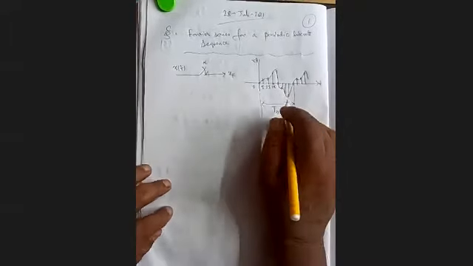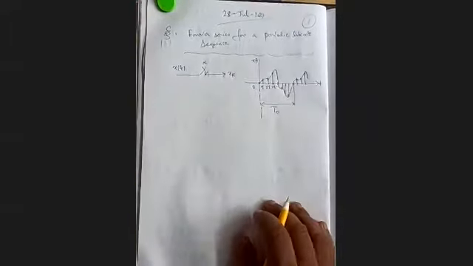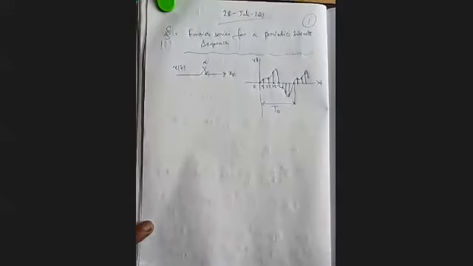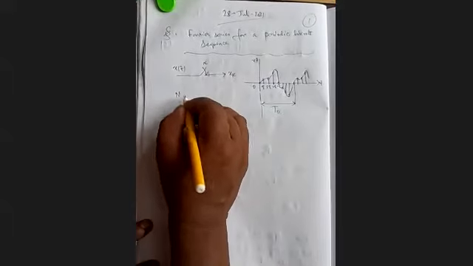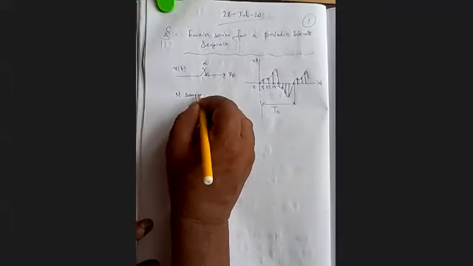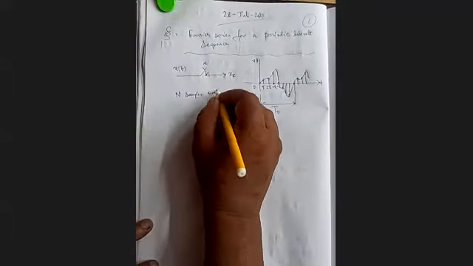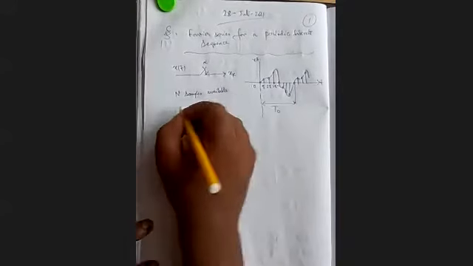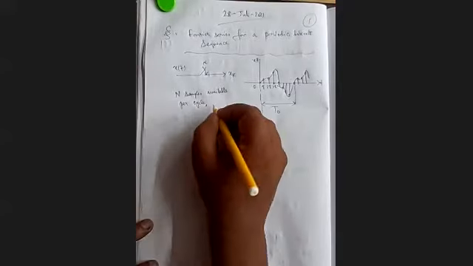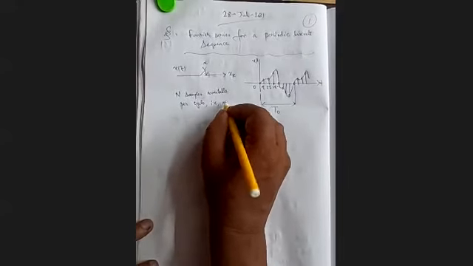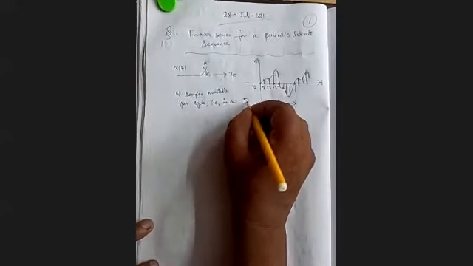Now there are n number of samples available per cycle, that is in one t0, one time period.